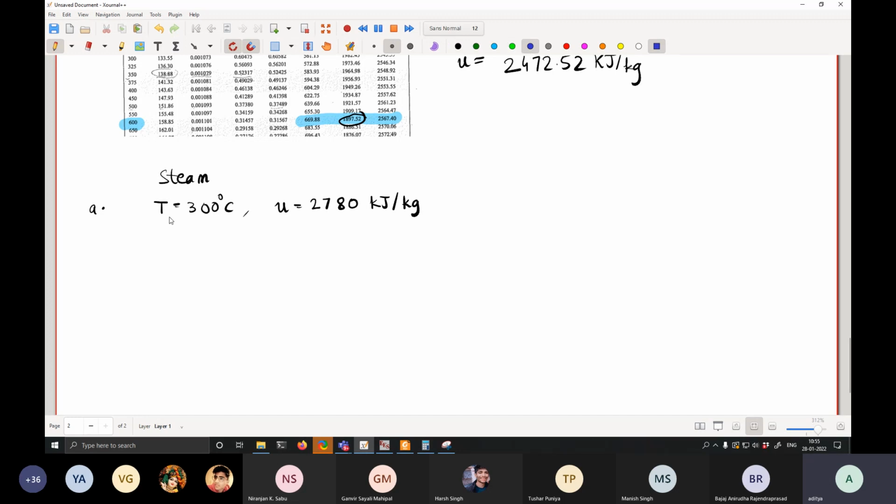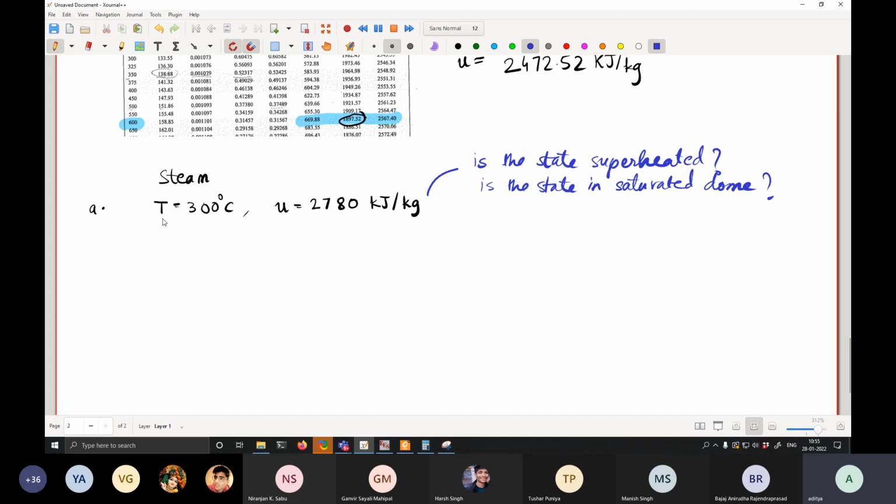So let's see at 300 degrees Celsius. So first of all, our task will be to determine, and this is a very important concept, the first task will be: is the state superheated or is the state in the saturated dome?